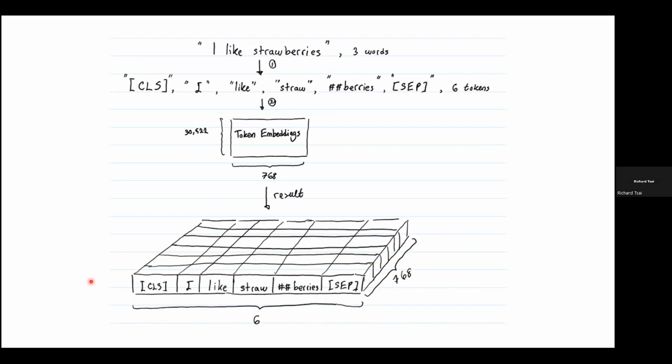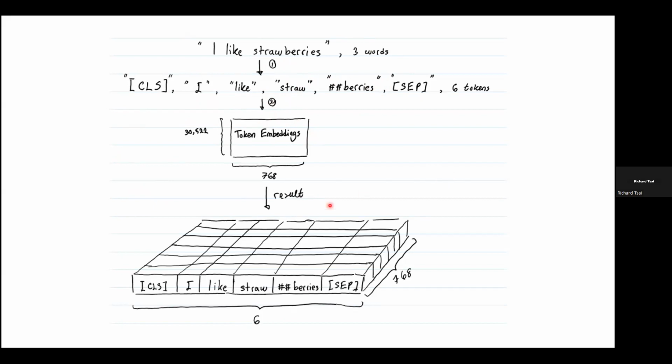Furthermore, to reduce the vocabulary size, BERT's tokenizer also breaks down some lengthy words into shorter subwords. So for example, strawberries is split into straw and ##berries, with the ## indicating that berries is not the initial subword.